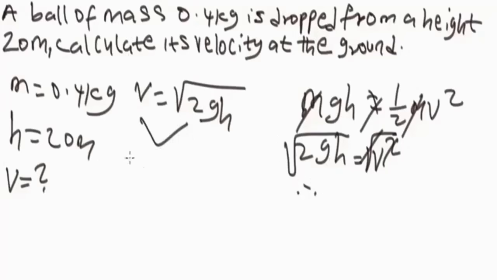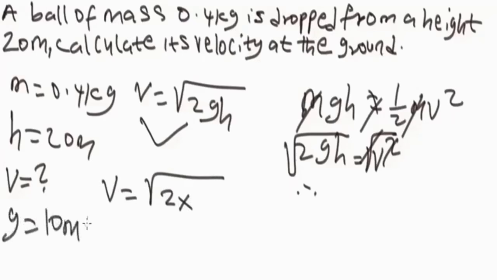Now let's input the values: v equals square root of 2 times our acceleration due to gravity, which is 10 meters per second square, times our height, 20. That means we're not going to make use of the mass. It's not relevant to this question since this is the formula we are working with.